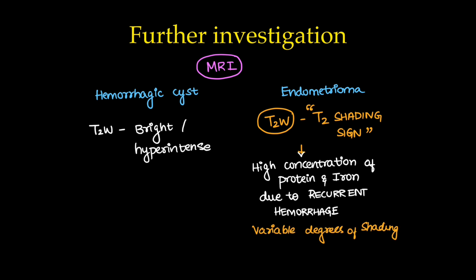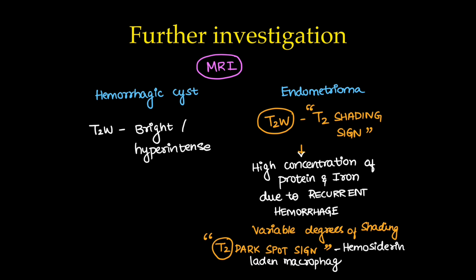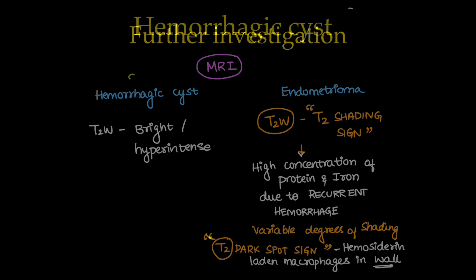This hypointensity can be of variable degrees of shading. Also we can see T2 dark spot sign, that is because of hemosiderin-laden macrophages deposition in a particular site on the wall of the endometrioma.